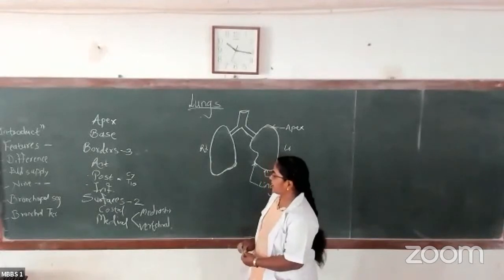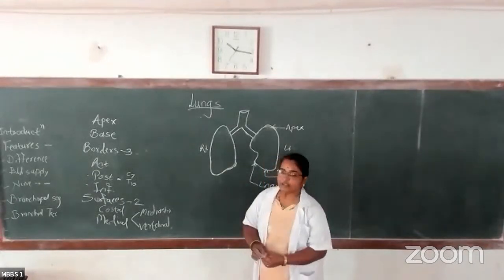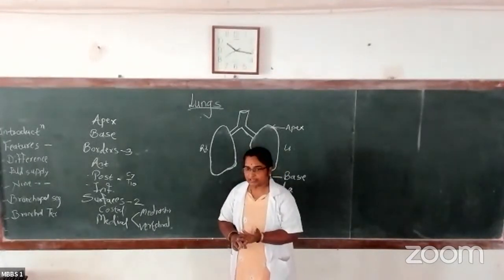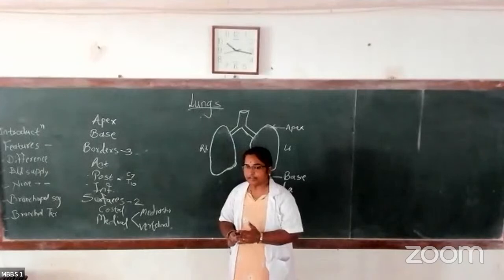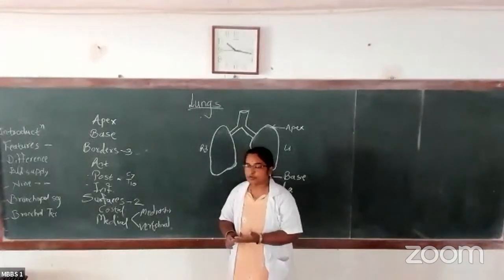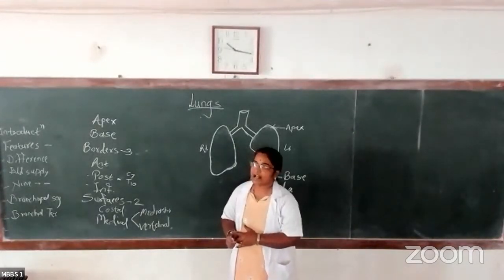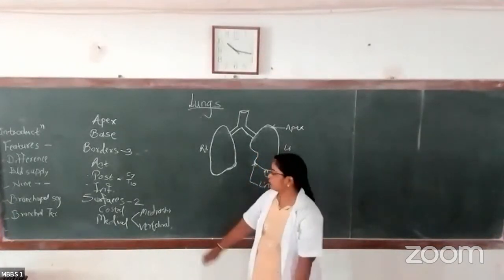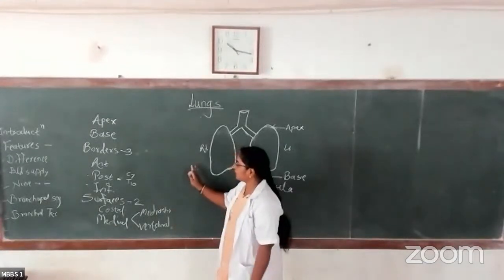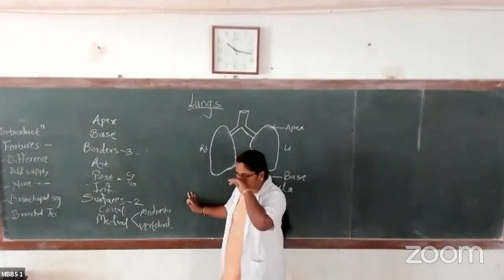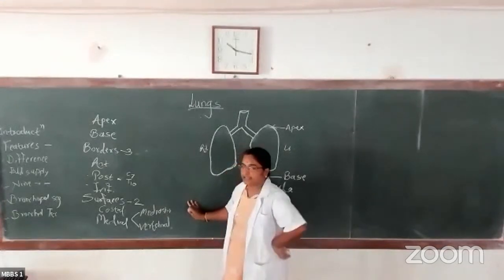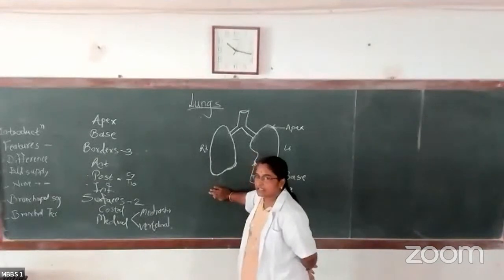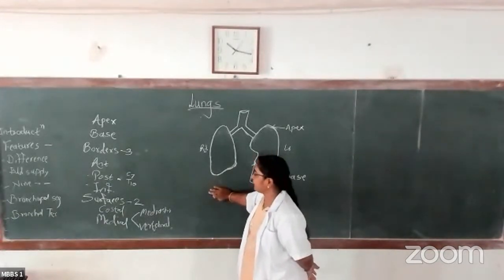Now the vertebral part is related to the bodies of upper 10 thoracic vertebrae along with its intervertebral discs, the posterior intercostal vessels and greater and lesser splanchnic nerves.